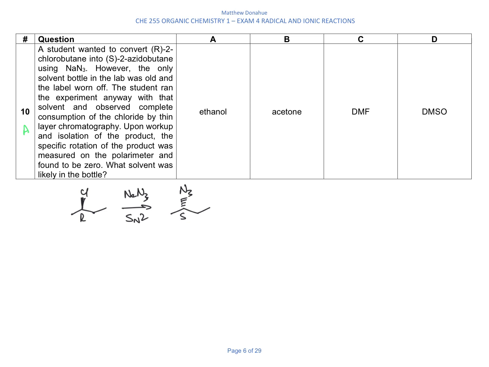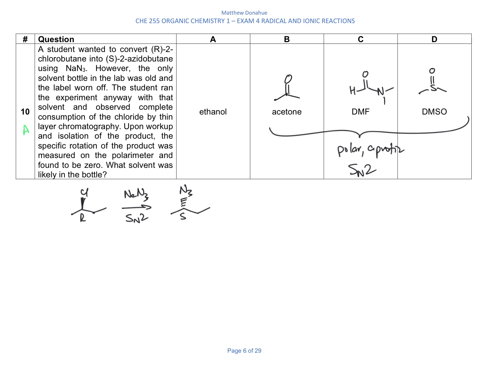If you're looking at SN2, there's the structure of acetone, the structure of DMF, the structure of DMSO. These three are all polar aprotic, so they're good SN2 solvents.